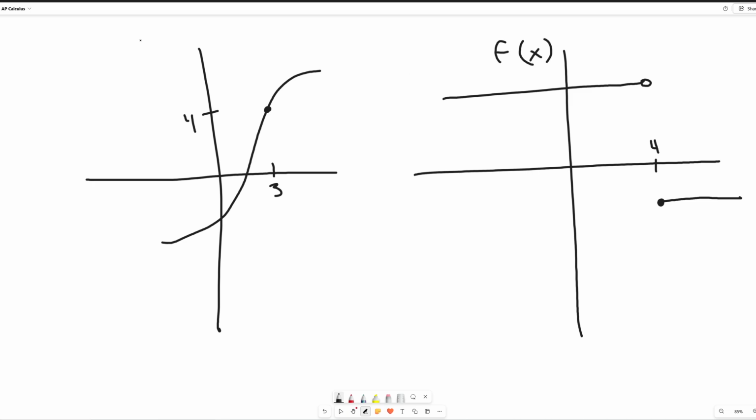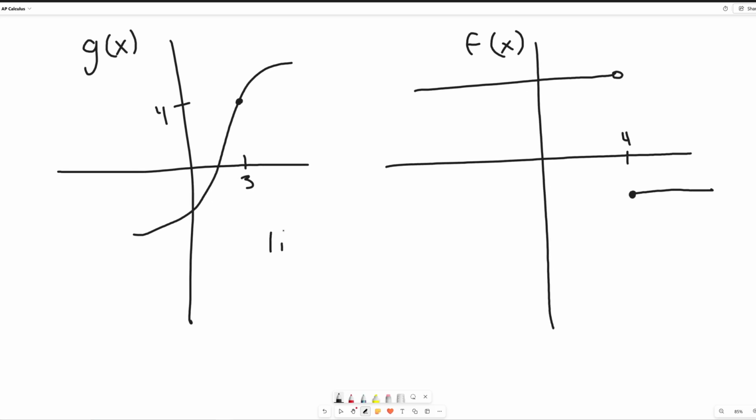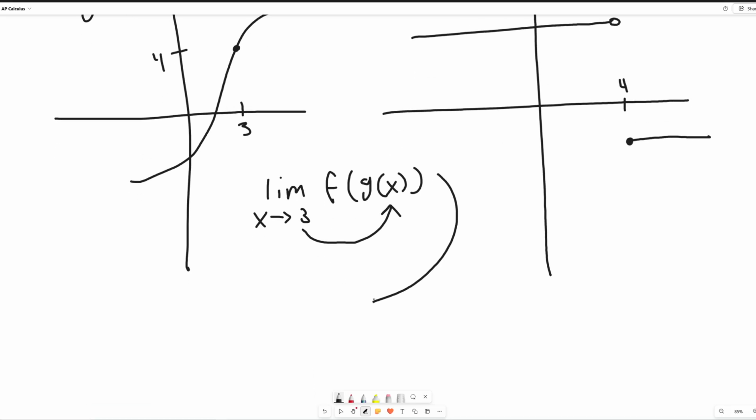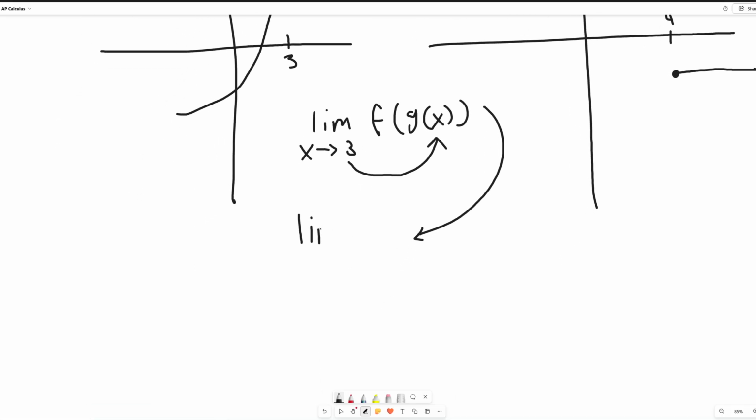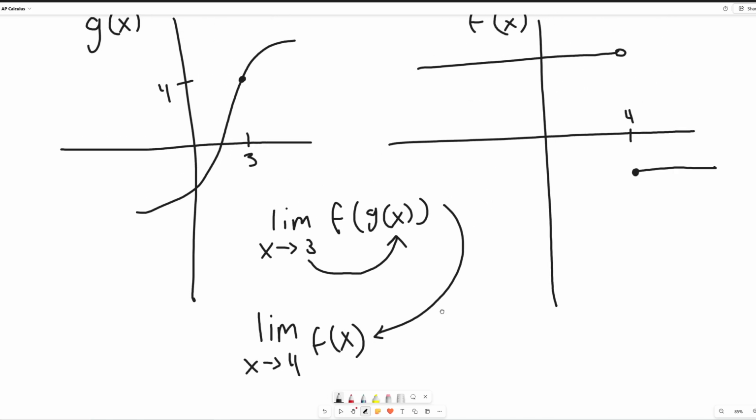So I'll label it so it's easy for you to see. Now, if I said the limit as x approaches 3 of f of g of x, here we can directly substitute x equals 3 into g, and g of 3 here, we've defined as 4. So this is just the limit as x approaches 4 of f of x.